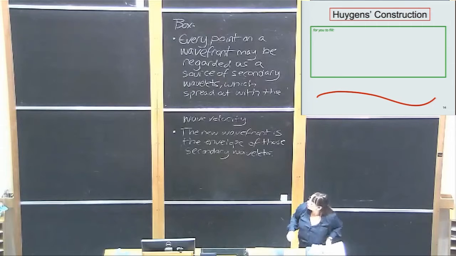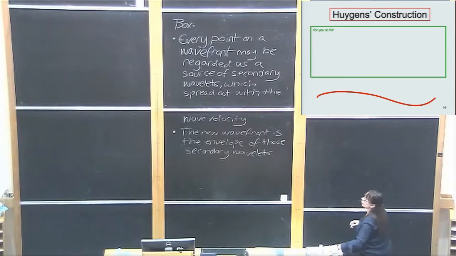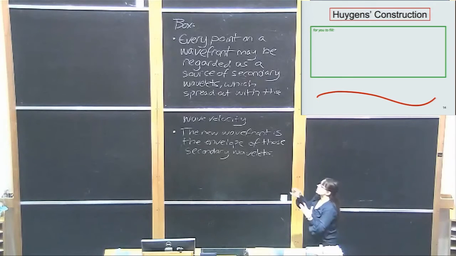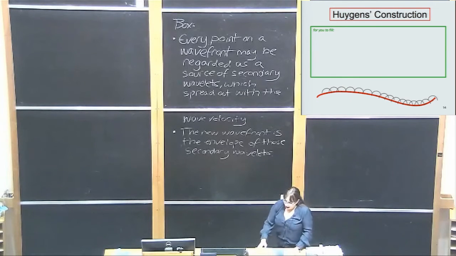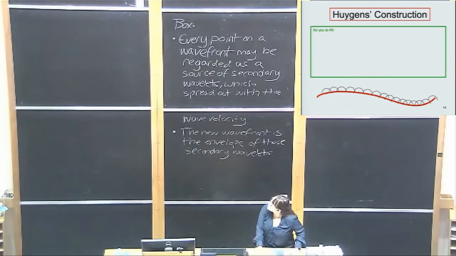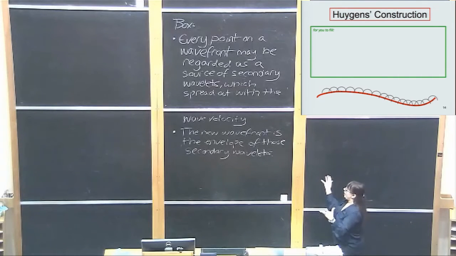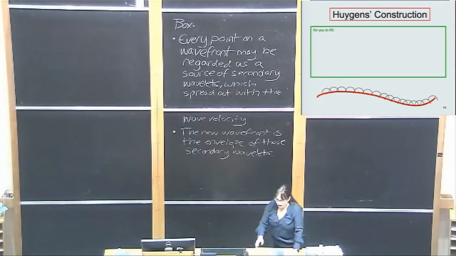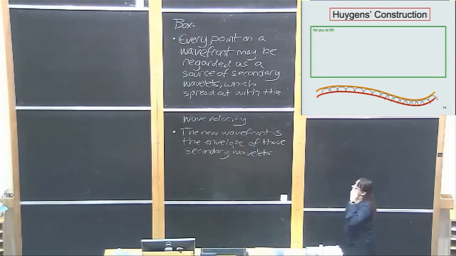Let's just have a quick look at what he meant. This red line is supposed to represent the front of some wave, this wavefront, and you can put a load of points along it, all of which are a source of these secondary wavelets. That's what those black circles are supposed to be. Then the wavefront at some later time you get just from taking the tangent, essentially, or the envelope of these wavelets.